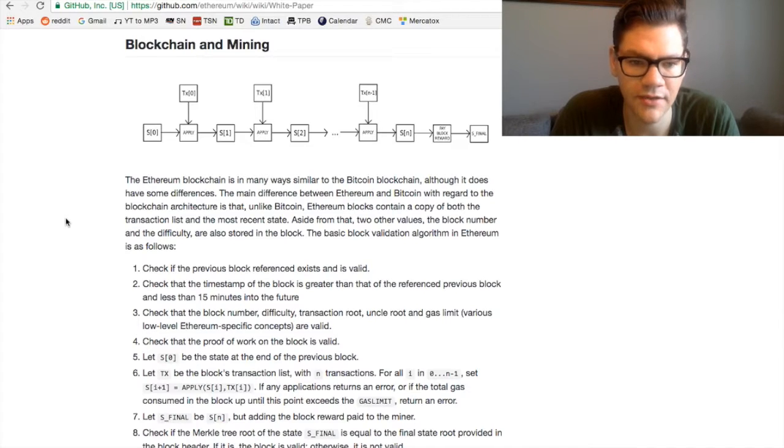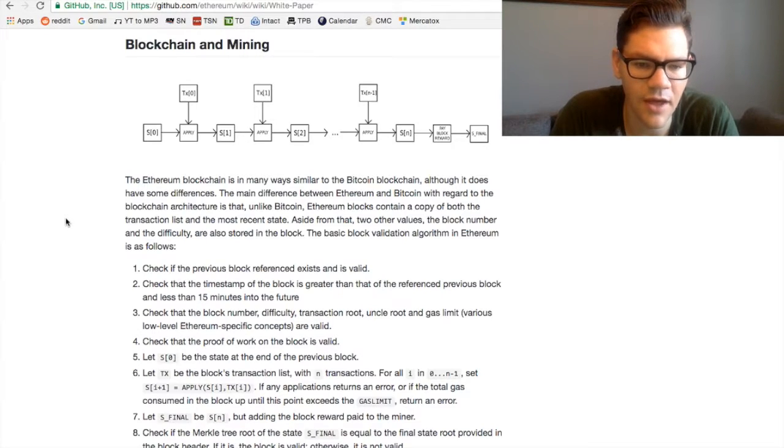1. Check if the previous block referenced exists and is valid. 2. Check that the timestamp of the block is greater than that of the referenced previous block and less than 15 minutes into the future. 3.